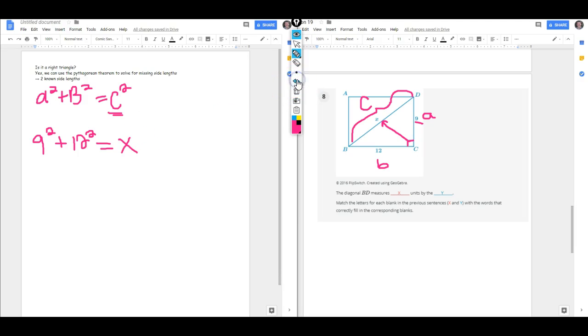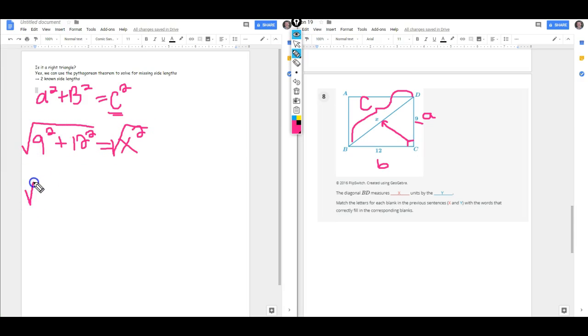So how do I undo a squared? Well, the square's opposite operation is square root. They both have the word square in them. So squared and square root are inverse operations. When something is squared, we square root. So square root both sides.